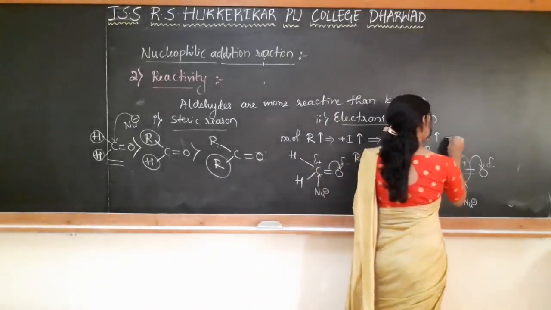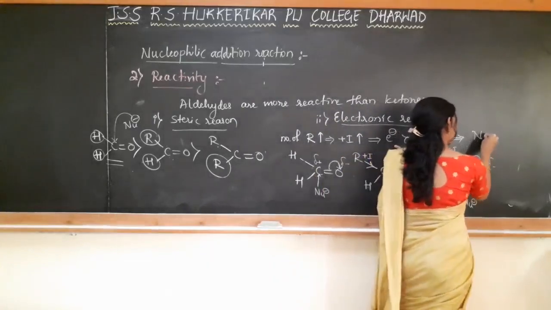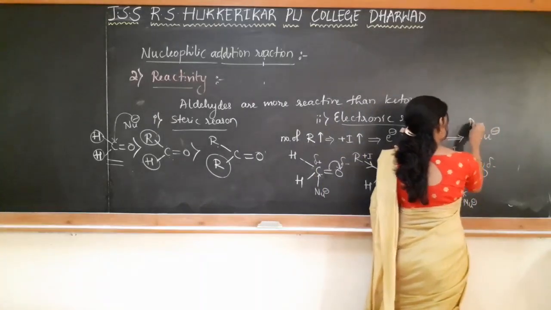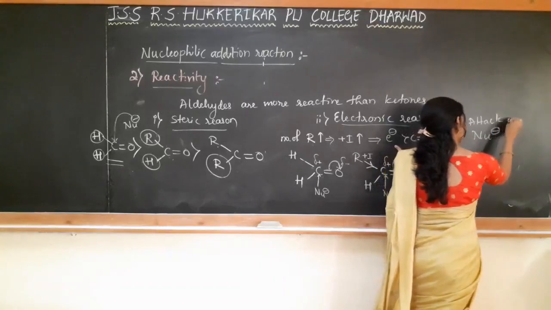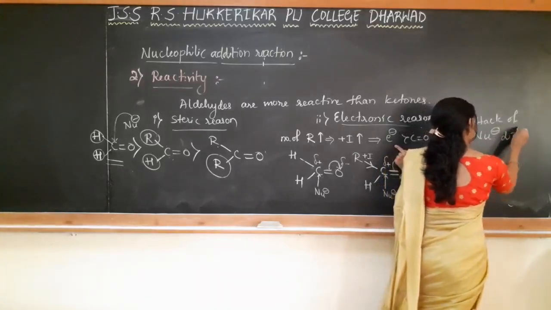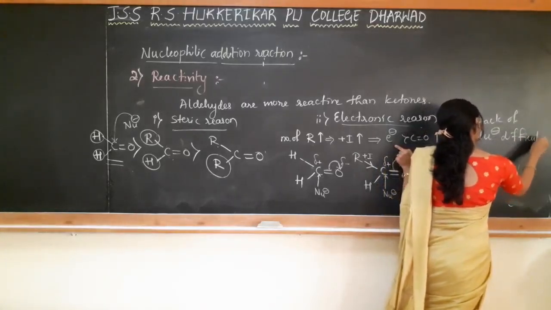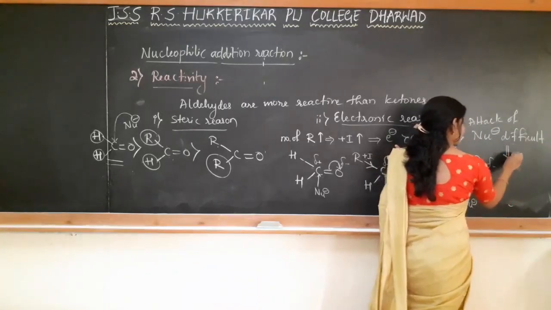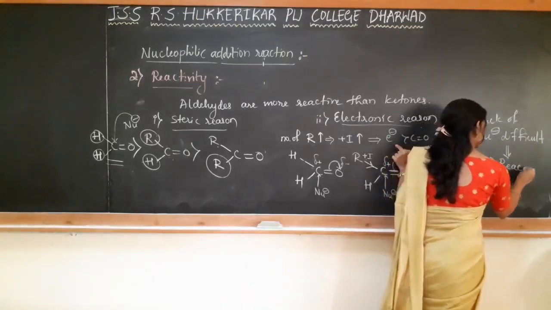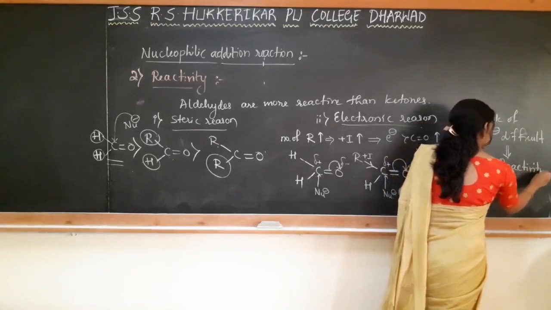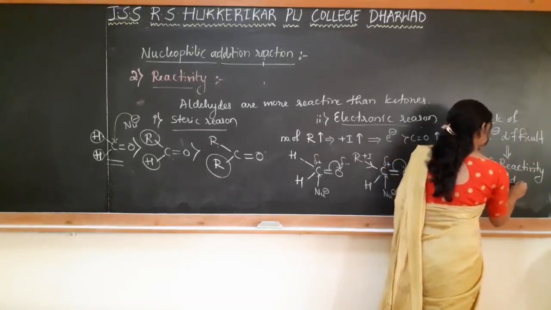At that time, the attack of the nucleophile will be difficult. The attack of the nucleophile becomes difficult, so the reactivity reduces. What does this mean? When the nucleophile's attack becomes difficult, that means the reactivity reduces.